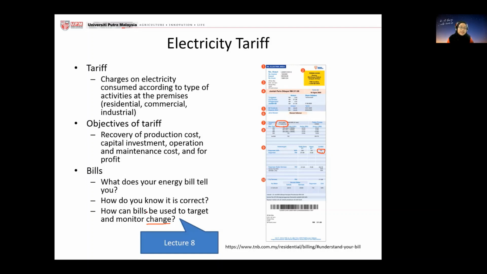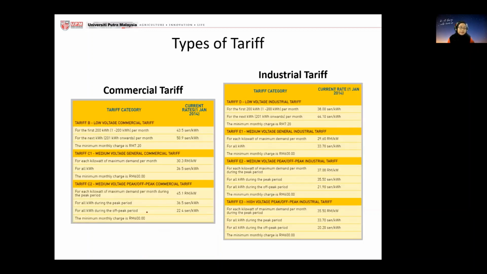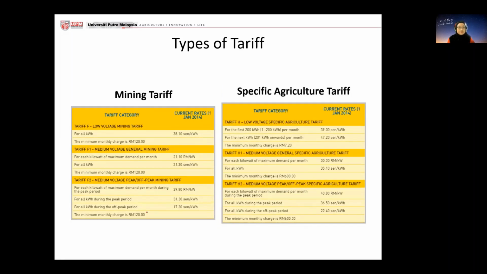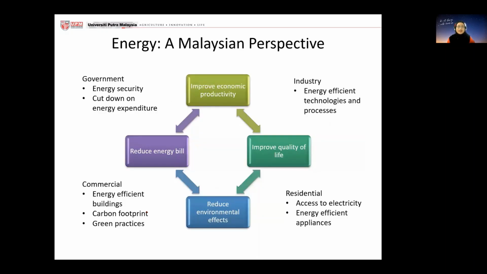When you look at tariff, just know that different rates are available for different types of customers. You have commercial tariff, industrial tariff, mining tariff, and also specific agriculture tariff, apart from the normal residential tariff. There are also some others which you can look at on the PNB website.